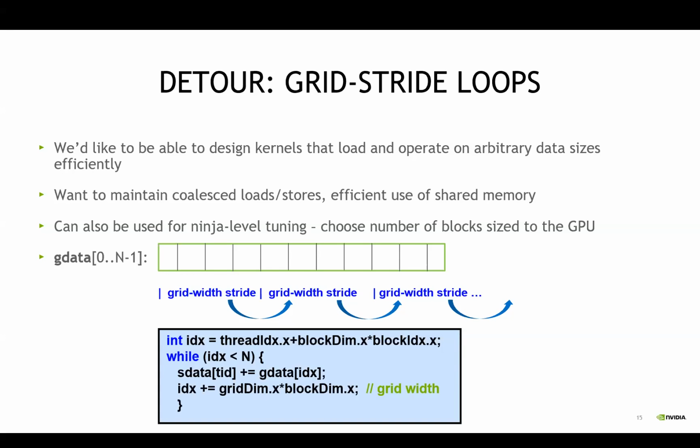So the idea, quite simply, is we're going to have a number of threads. You could think about it as a fixed, predetermined number of threads that is equal to the width of my grid. Those threads will initially process a size from the input data set that corresponds to the grid width.